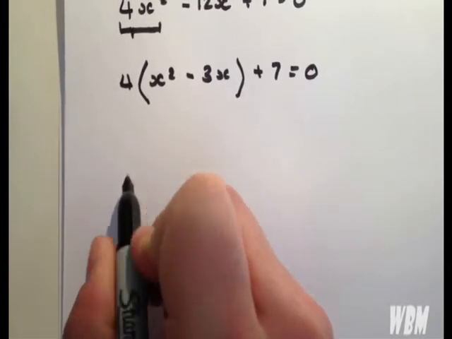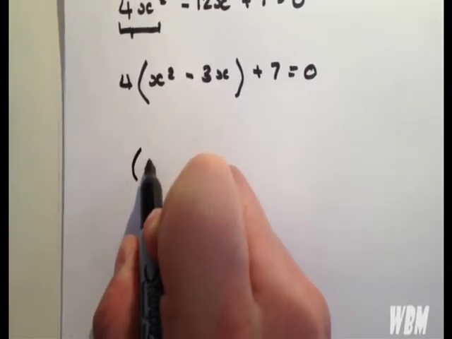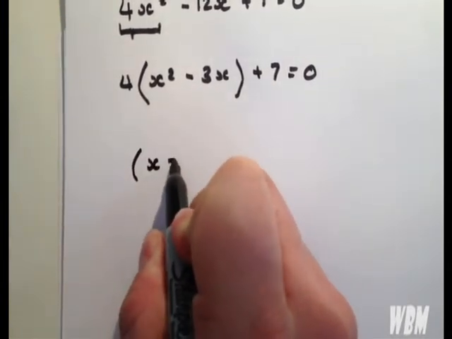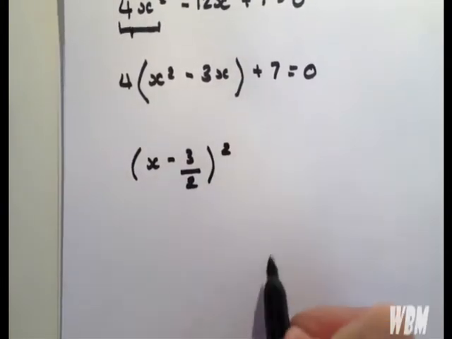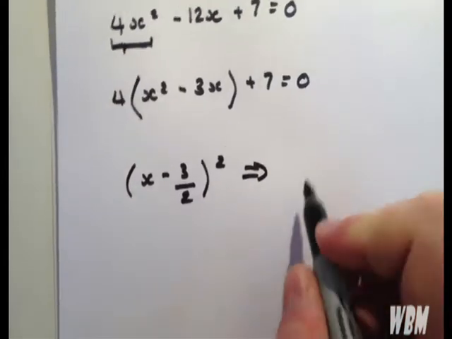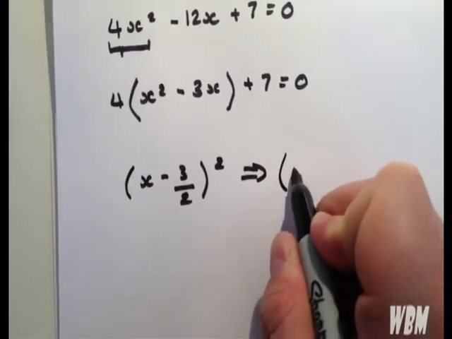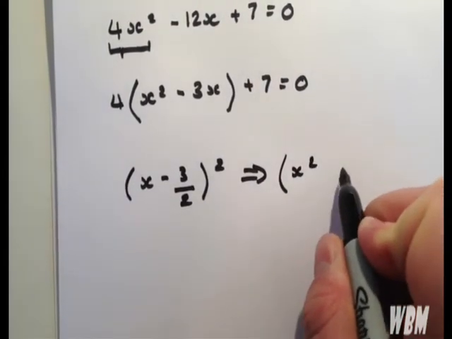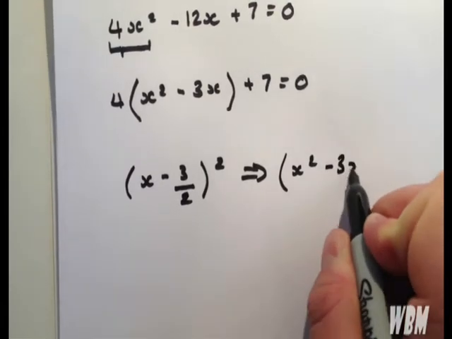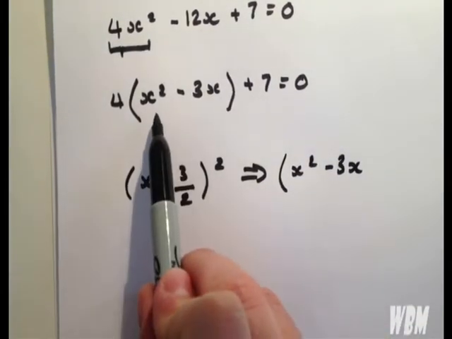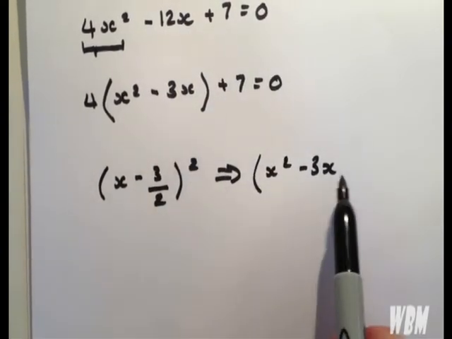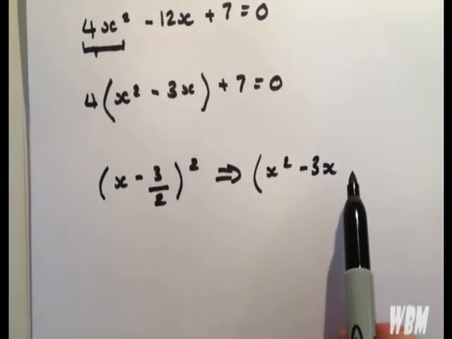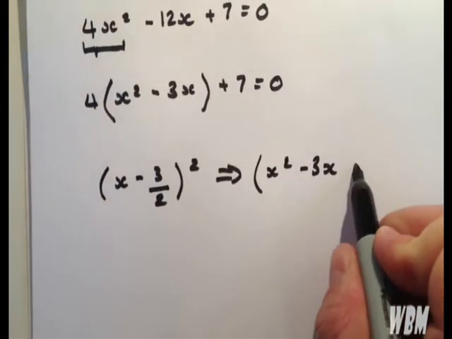So we have x minus 3 over 2 squared, which when we expand it gives x squared minus 3x, which is the same as this. Now the bit that we're going to have to remove is plus 9 over 4.